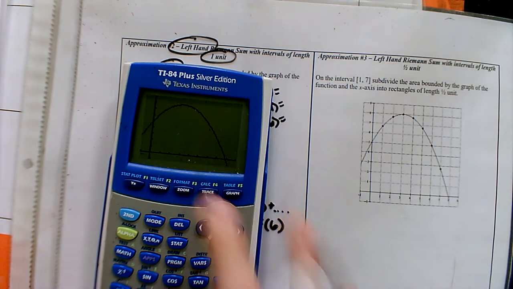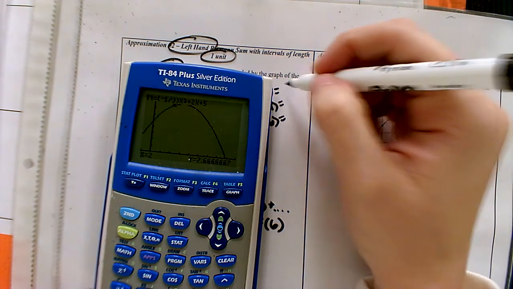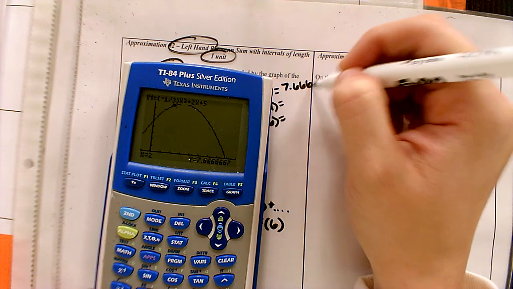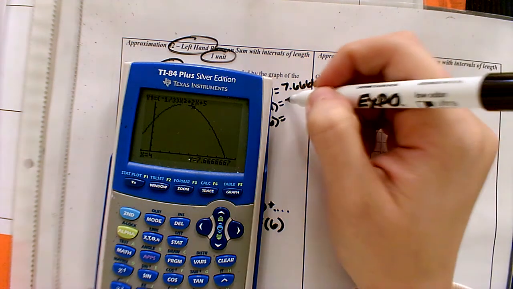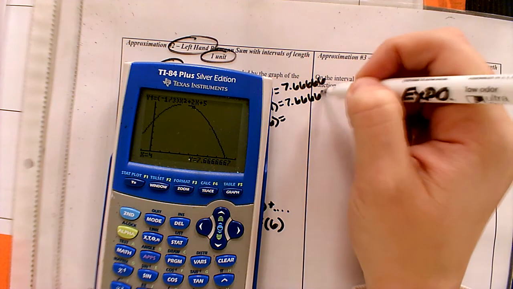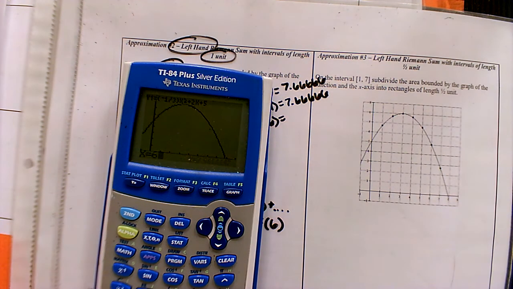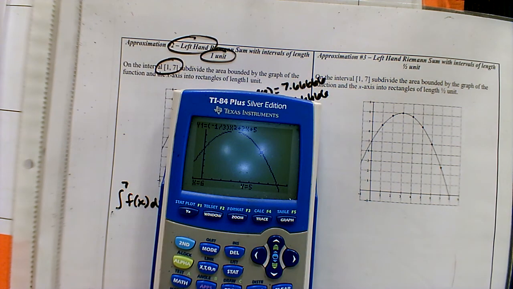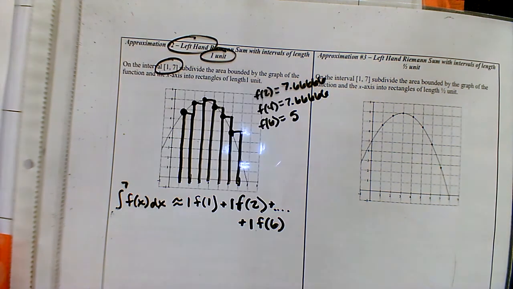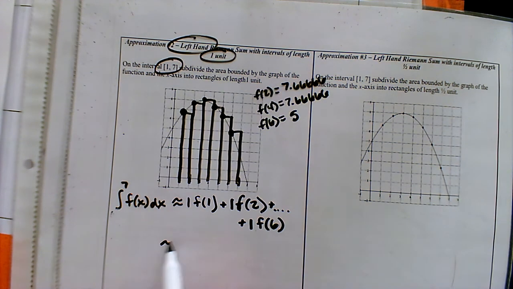So on your graph, we'll do trace 2, trace 4, trace 6. All right, can you calculate all of them and try to estimate the area under this curve?